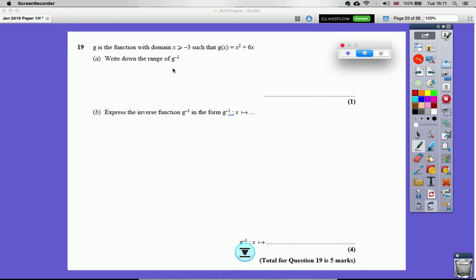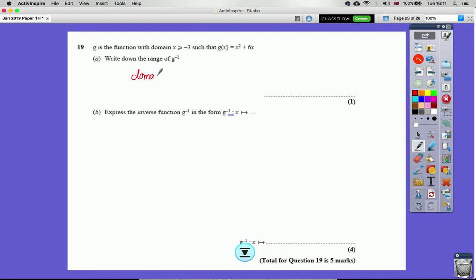inverse function of g. So what we know is that the domain of f of x is the same as the range of f inverse x.